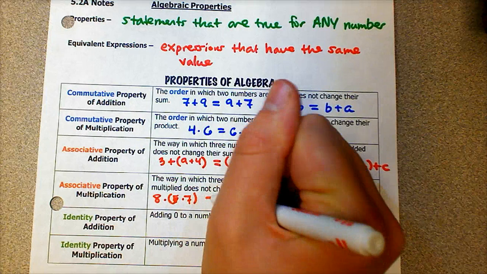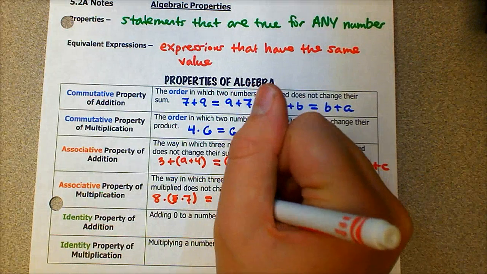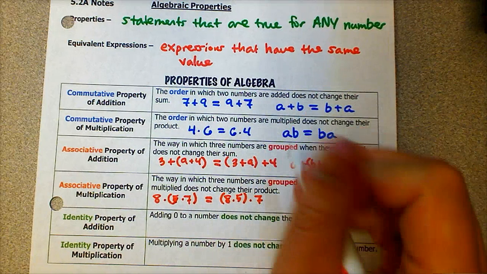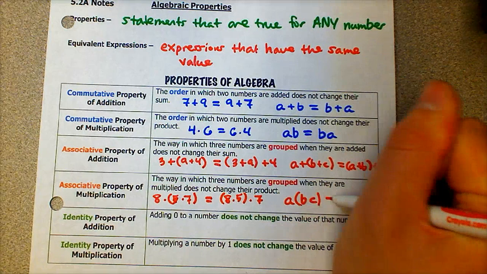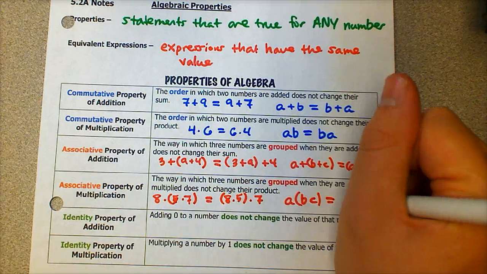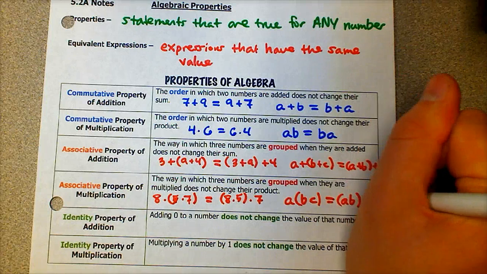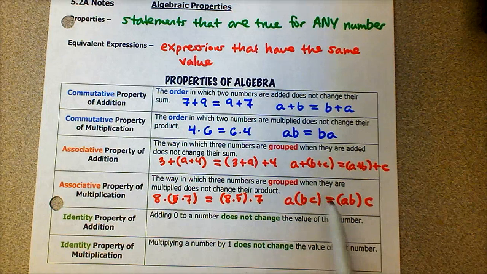I could multiply 5 times 7 first and then multiply that by 8, or I can multiply 8 times 5 first and then multiply that times 7. The same is true with a, b, and c. I could multiply b times c, and then take that answer times a, or I can multiply a times b and take that answer times c. All right, so that's the associative property.